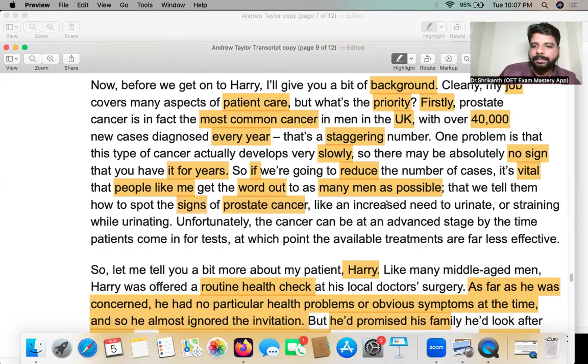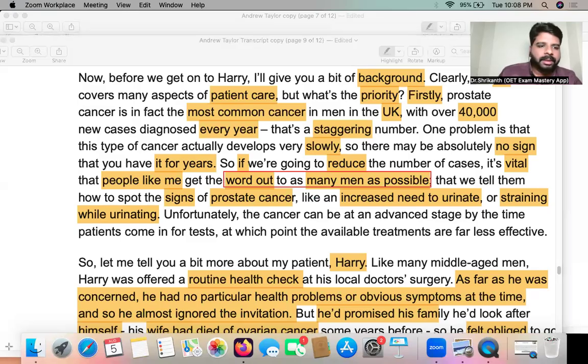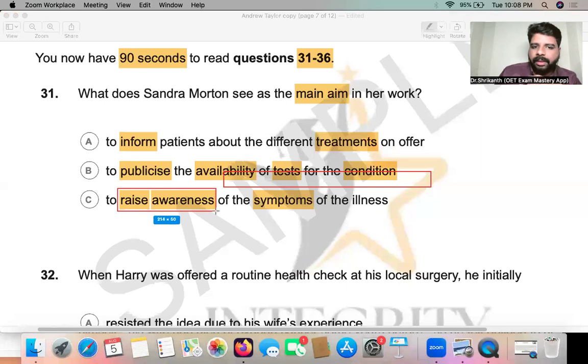Now you see over here, like increased need to urinate, straining while urinating, and so on. This part of the information, to get the word out to as many men as possible. So what is this verb over here? This verb is in answer option C, this one. To raise awareness. So raise awareness is mentioned. Don't you agree?